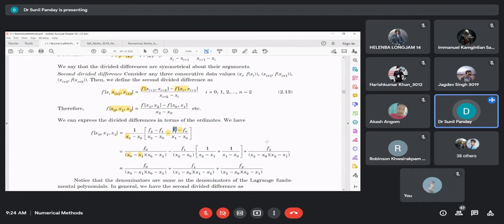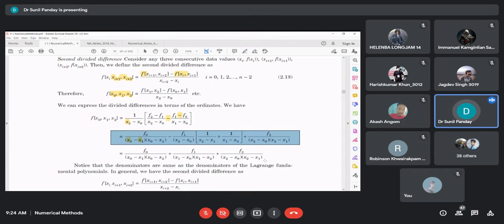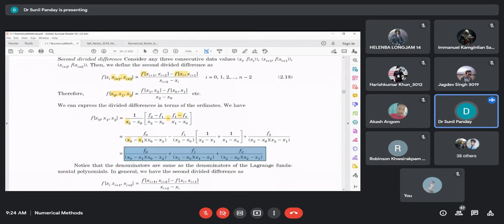You simplify or adjust these minus signs and you will have this form of the divided difference. Some people remember this form: f of x naught divided by x naught minus x1, x naught minus x2, plus f1 upon x1 minus x naught, x1 minus x2, and f2 upon x2 minus x naught and x2 minus x1. So this is the second order divided difference. They write it like this.